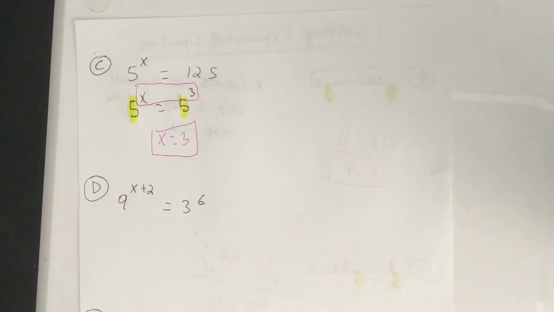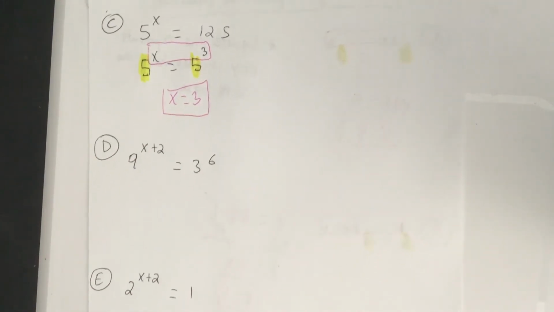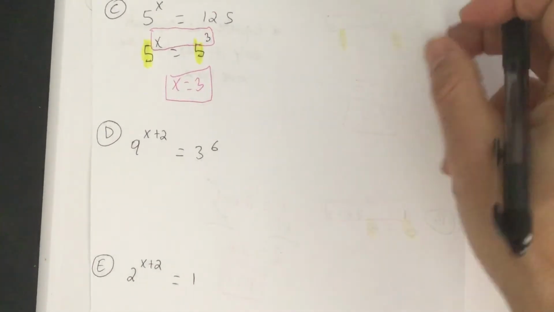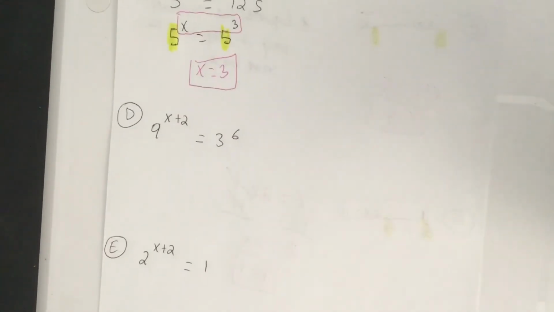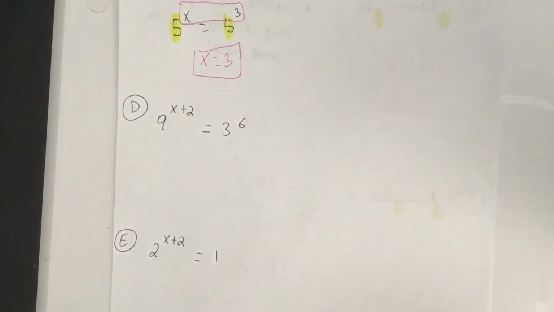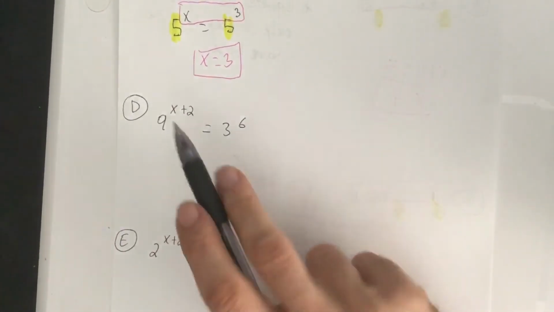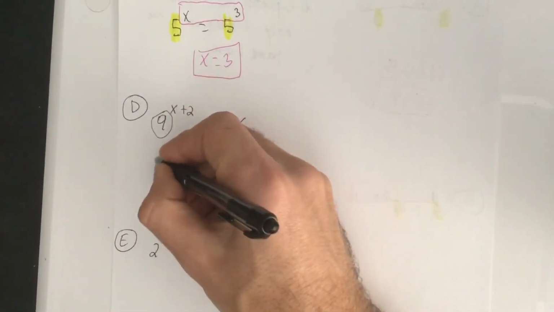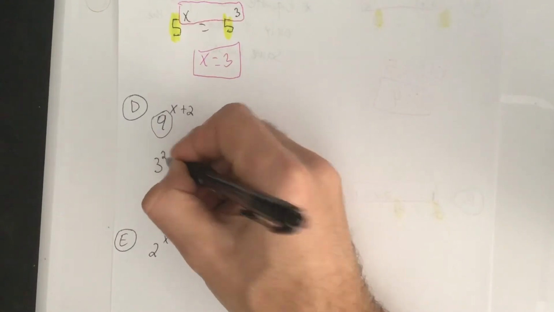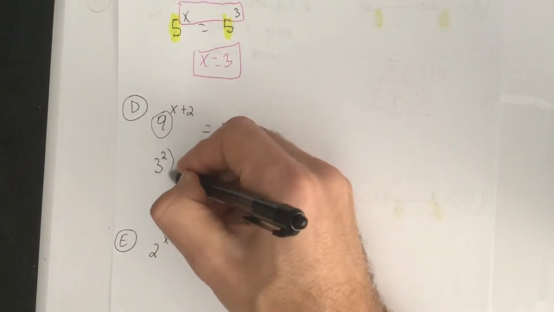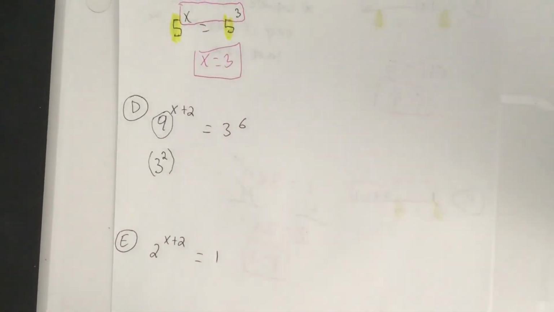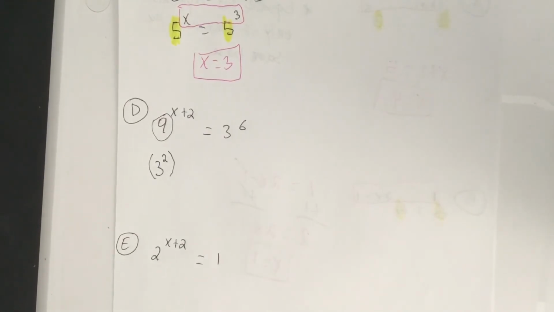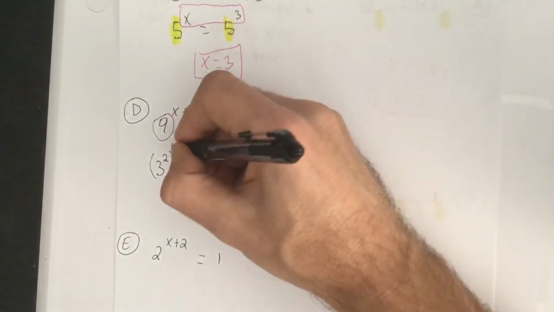Let's try one more over here. Again, if you feel brave, you can pause the video and try it yourself, but I'm gonna go over this one over here. Again, 9 and 3, they are not the same base, but 9 can be written as 3 squared. And we got 3 squared to the x plus 2.